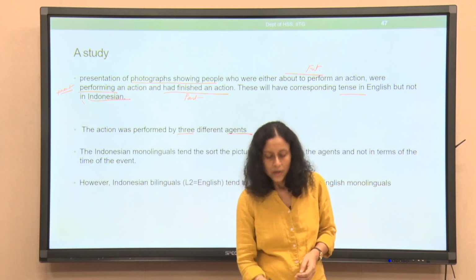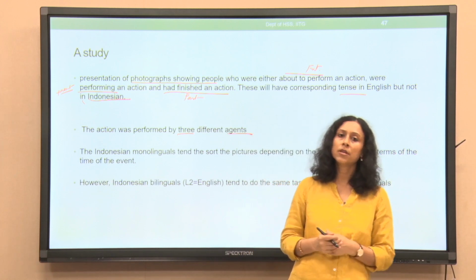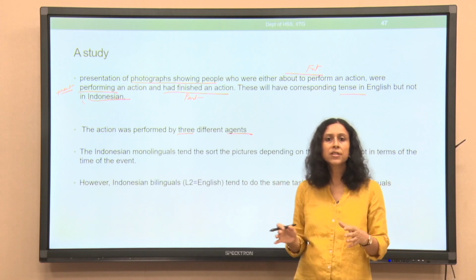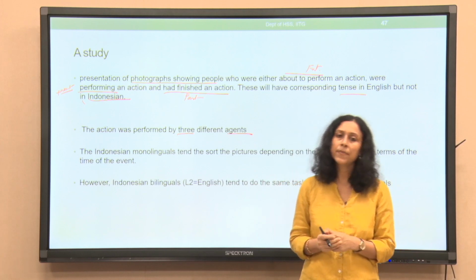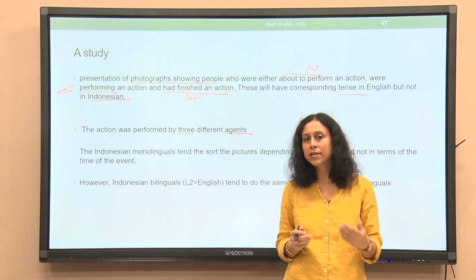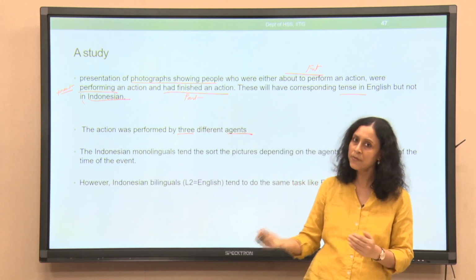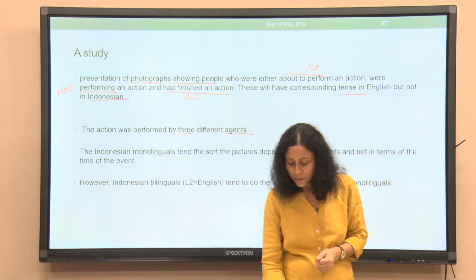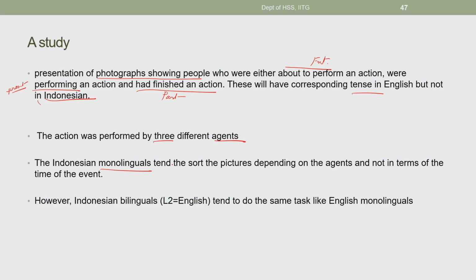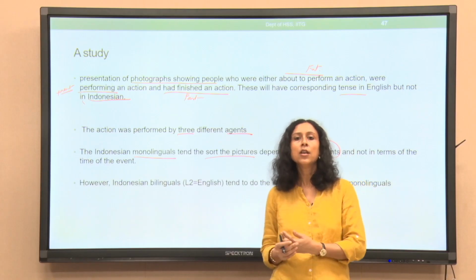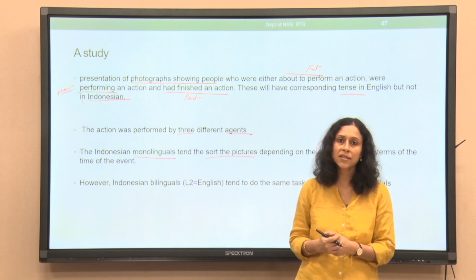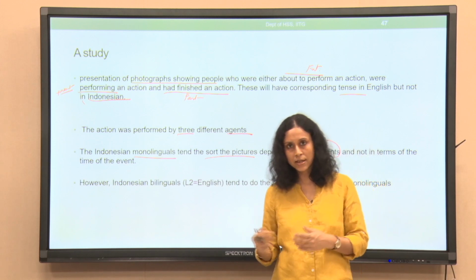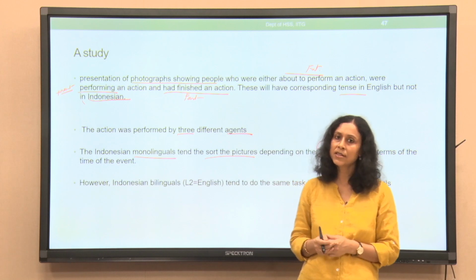Now, the task told to the subjects was to put similar pictures together. Remember, there are three possibilities in terms of tense and three possibilities in terms of agents. Indonesian monolinguals more often than not tended to sort the pictures depending on the agents. If one agent is wearing green, another blue and another yellow, the sorting of the cards depended on the uniform, the football jersey the person was wearing.